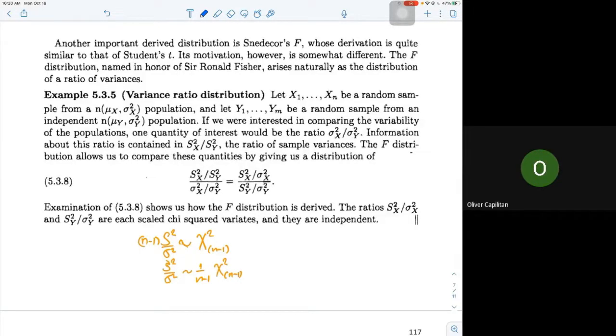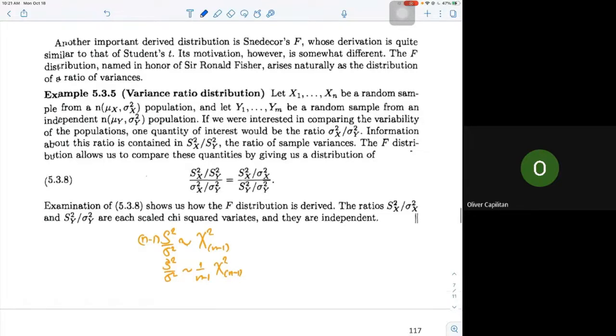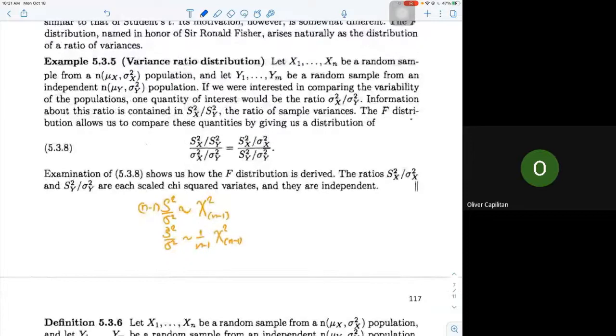So if you are interested in comparing the variability of these two populations, one quantity of interest would be the ratio of their population variances. We can determine information about the ratio of these two population variances using the ratio of their sample variances.